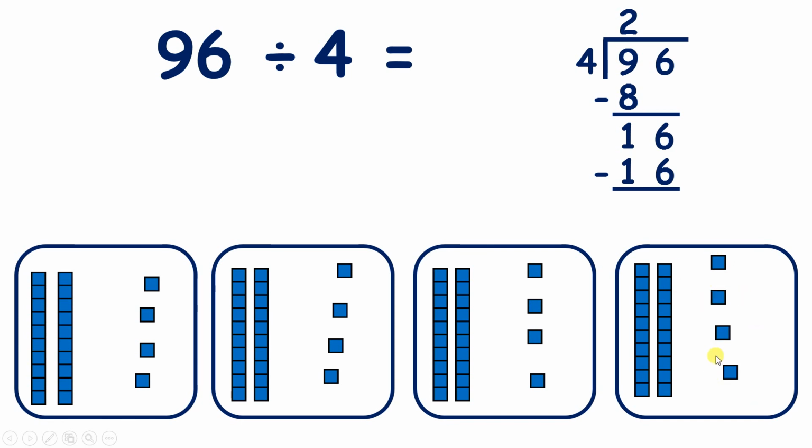And we now have 4 units in each group, because 16 divided by 4 is 4. Now 16 minus 16 is 0, which tells us that we have no remainder. So 96 divided by 4 equals 24.